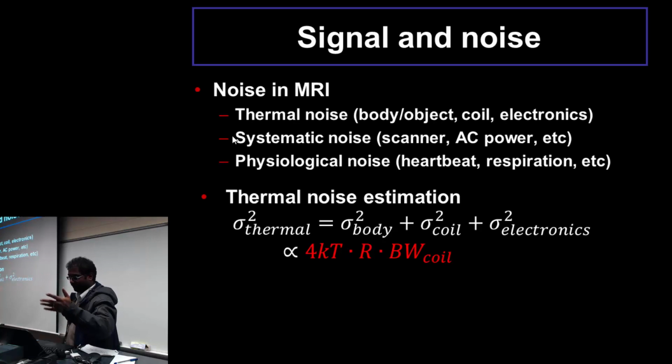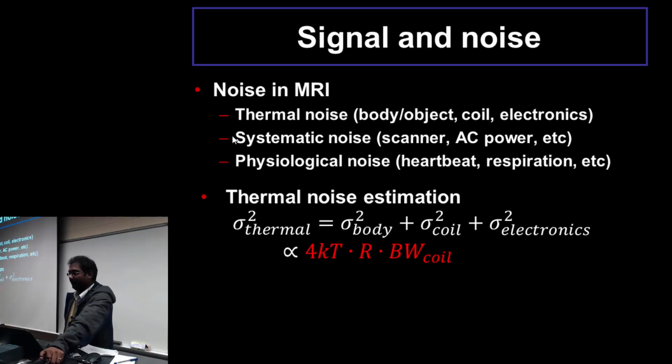That's from statistical theory, where if you have 2 random variables and you add them up, the variances add linearly. So are these 3 components independent or dependent? Independent. But what you're measuring is just sigma squared thermal, right? So you're essentially not making a distinction as such in terms of your own measurement.